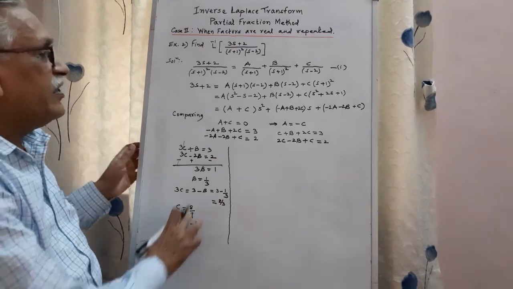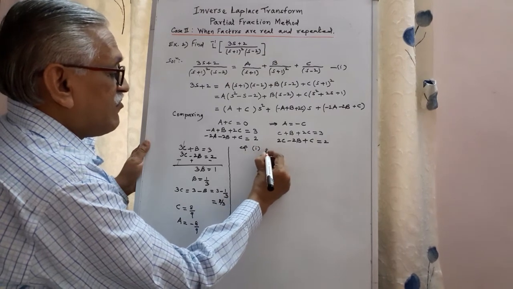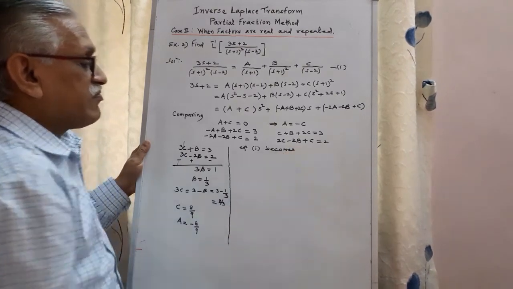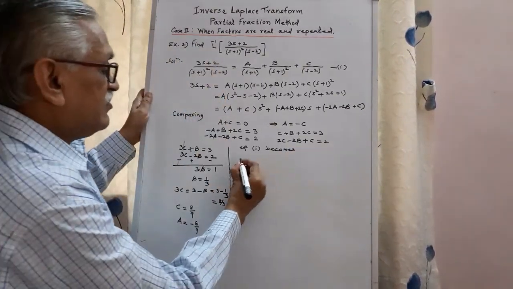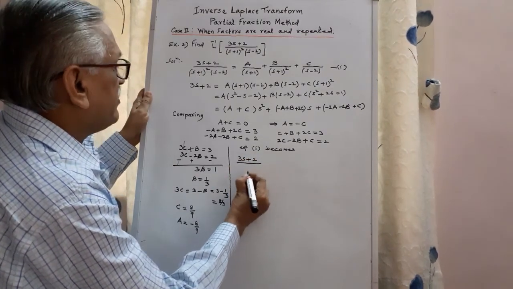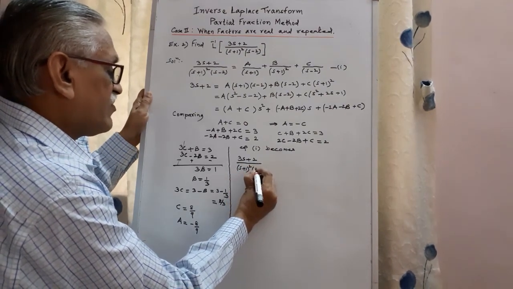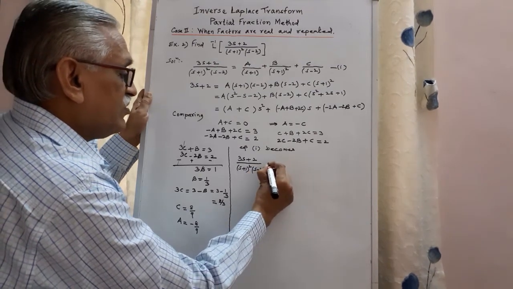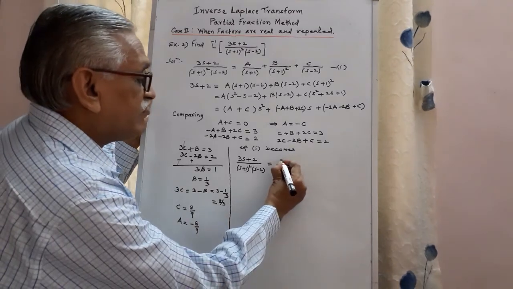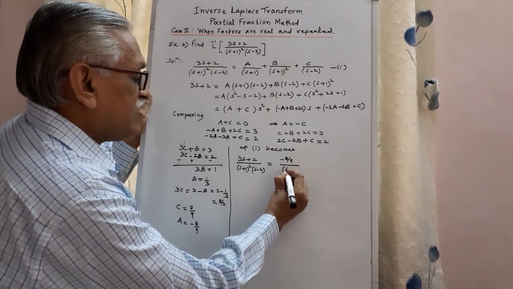Substituting these values in equation 1. Therefore, the left hand side 3s plus 2 divided by s plus 1 square into s minus 2 is equal to a, the value of a is minus 8 by 9, divided by s plus 1.